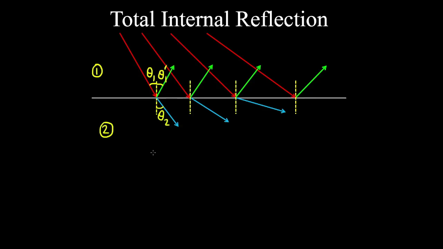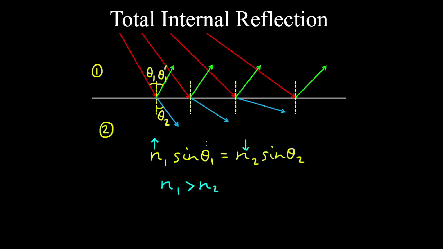So by Snell's law, we had the index of refraction of medium 1 times sine of the incident angle in medium 1 is equal to the index of refraction of medium 2 times sine of the angle of refraction in medium 2. Now suppose n1 is greater than n2. So remember, for this case, the incident angle must be less than the angle of refraction for this equation to balance.